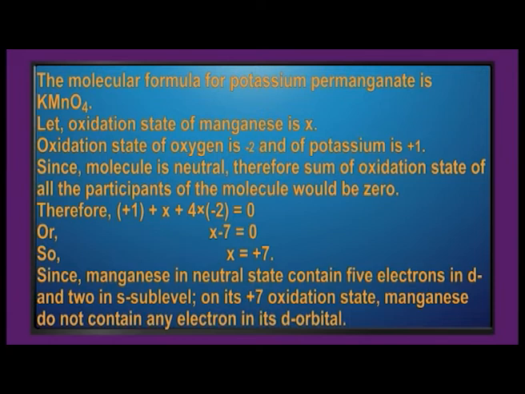Since manganese in neutral state contains 5 electrons in d and 2 electrons in the s sublevel, in its +7 oxidation state manganese does not contain any electron in the d orbital. So, what is the chance of transition? Actually, an electron is excited from the p orbital of oxygen and falls onto the d orbital of manganese.